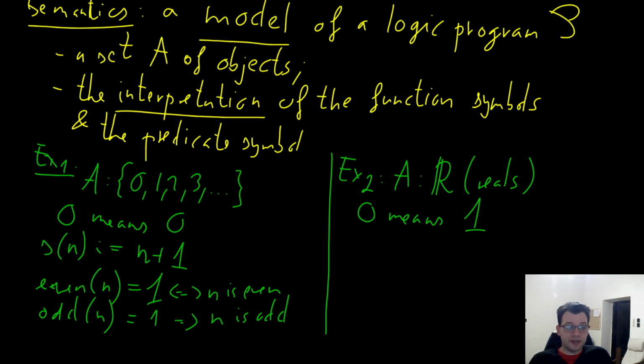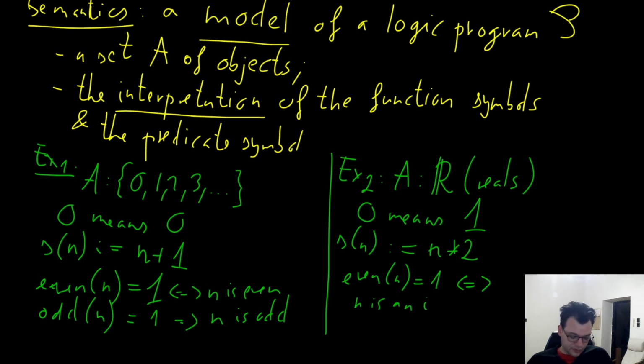It can be 1, it can be 0, it can be square root of 2, whatever. You can define the successor of n as, say, n times 2. I mean, why not? So let's say that even of n is true if and only if, say, n is an integer. Why not?